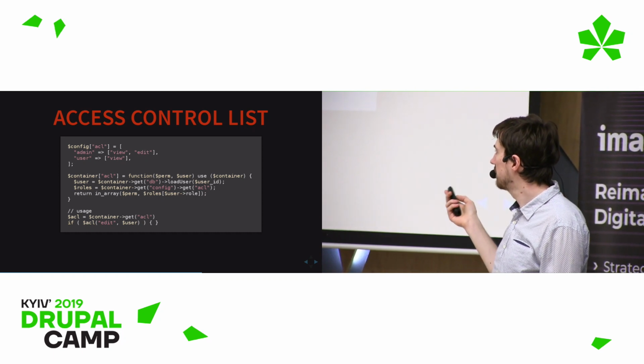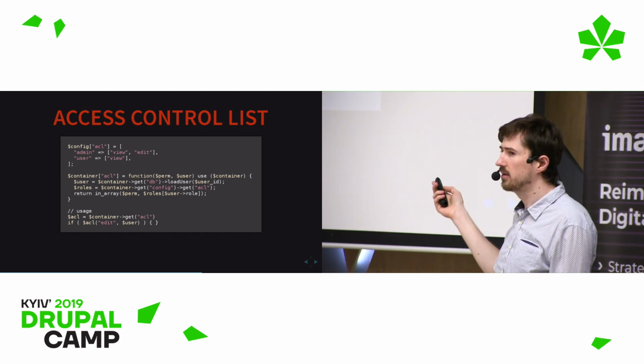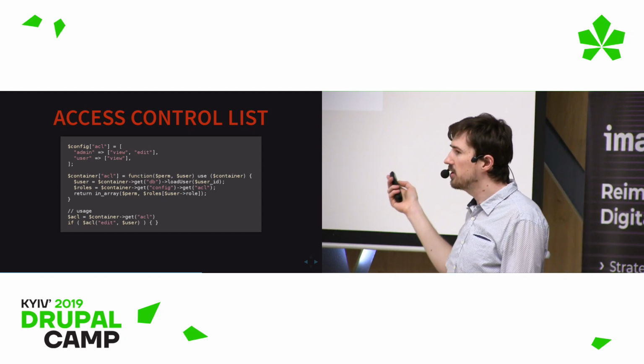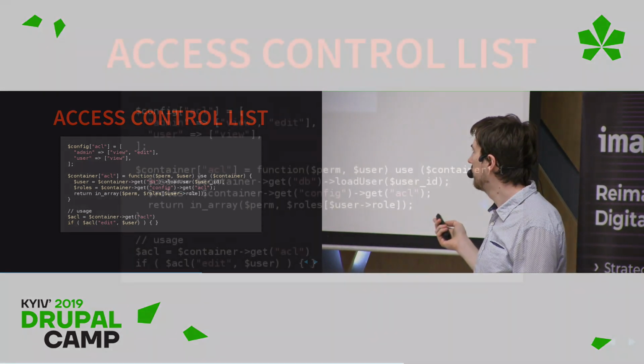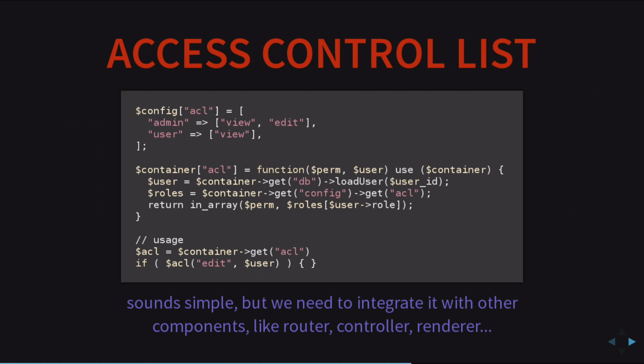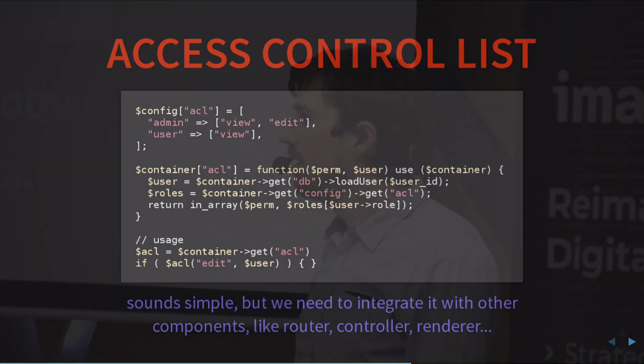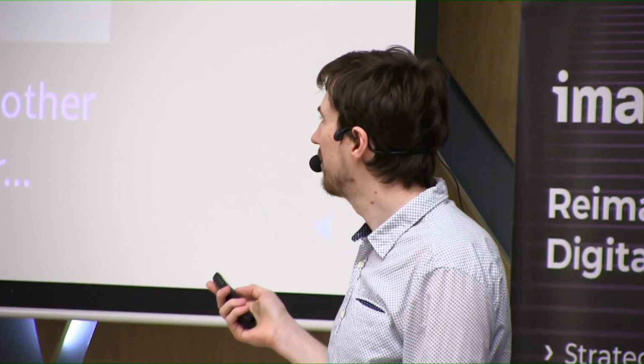And that's all. It sounds really simple, and there is the user has permission function from Drupal core and so on, but it actually should be integrated into all parts of your framework. If you open any Drupal controller, any Drupal component in the core, you will see that a permission check is, I think, every 5 lines of code; you will see at least one permission check, because it's really complex.